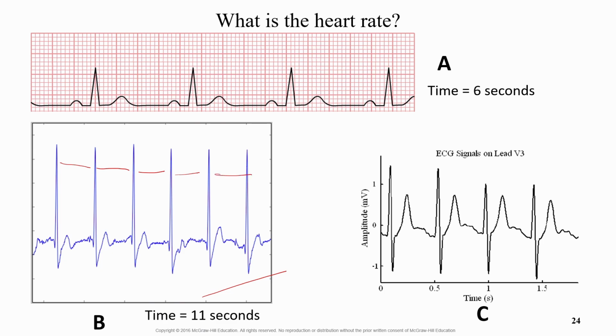So I have 5 RR intervals in 11 seconds, times 60 seconds over 1 minute. That gives you the heart rate in that scenario. Please do not count this as, again, we're counting intervals, right? If you count 1, 2, 3, 4, 5, 6, you would have counted wrong. Okay.